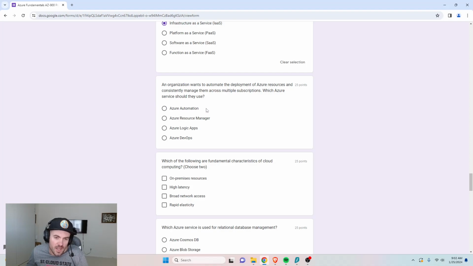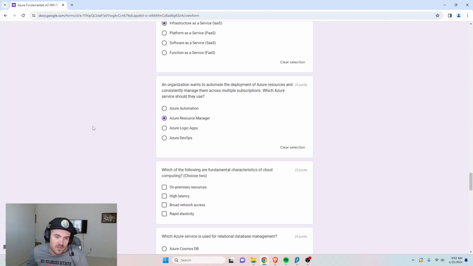With Automation, you can't really get that management component. Resource Manager, you can definitely get both of those. DevOps is more for pipelines and deployments. Again, it's not specifically for automating deployments and then managing them across multiple subscriptions, which is another keyword there. And Logic Apps, again, has to do with workflows, not necessarily with what we're looking for here.